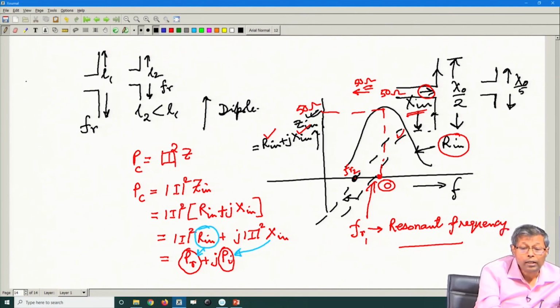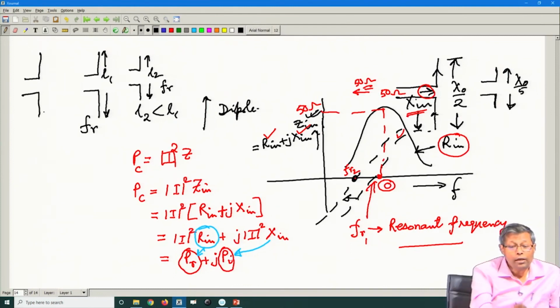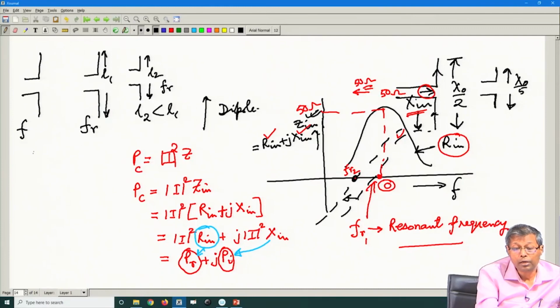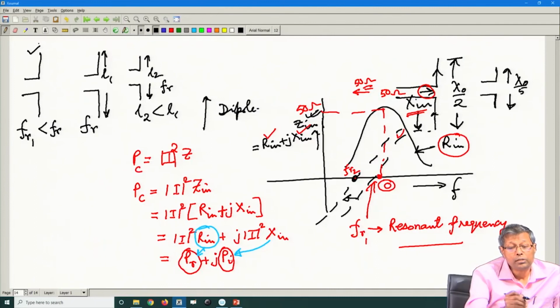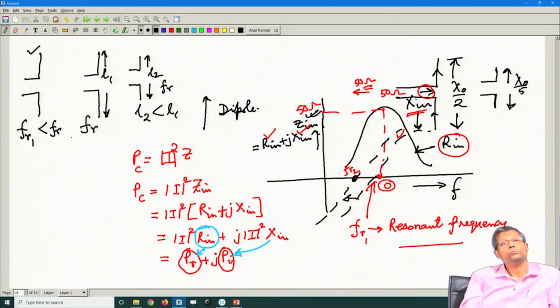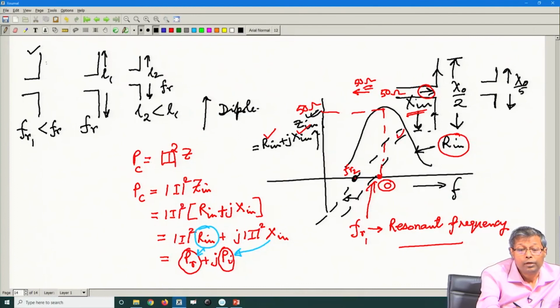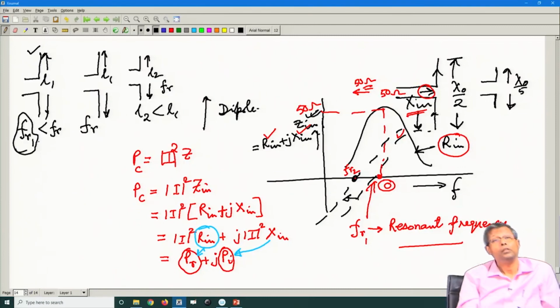Or I can make the size of this antenna the same, and if the resonant frequency of this antenna, which is FR1, is less than FR, then also I will say miniaturization is achieved, because an antenna having a lower resonant frequency is typically larger in size. So, if its size can be maintained the same as L1, but its resonance frequency is FR1, then I also can say miniaturization is achieved.